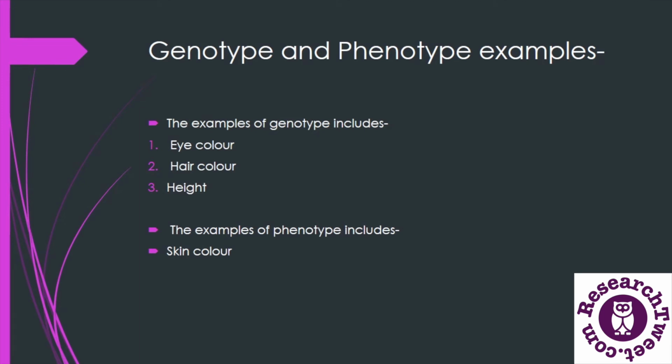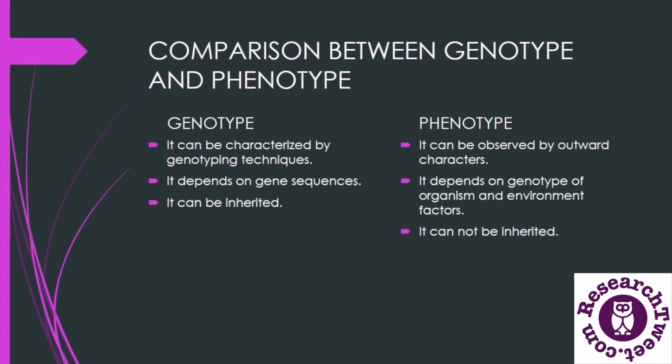So basically the genotype cannot be influenced by any other factors like environmental factors and lifestyle of the organism, whereas the phenotype can be influenced by all the factors as discussed above.